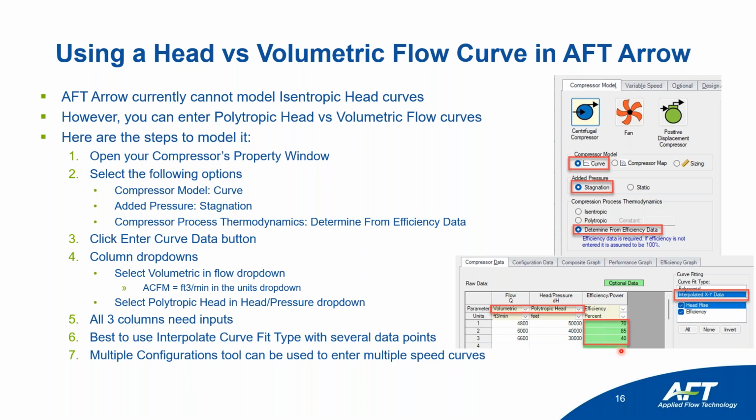However, if your manufacturer knows how to produce isentropic head curves, they should easily be able to produce polytropic head curves for you as well. As you saw, they're not that different. In a worst case scenario, you have the equations. It's easy to convert your isentropic head curves to polytropic head curves, and you can convert your isentropic efficiency to polytropic efficiency.